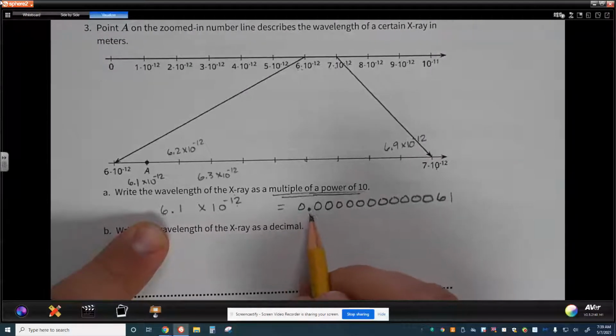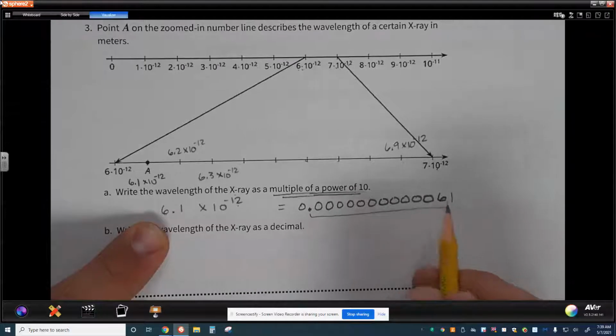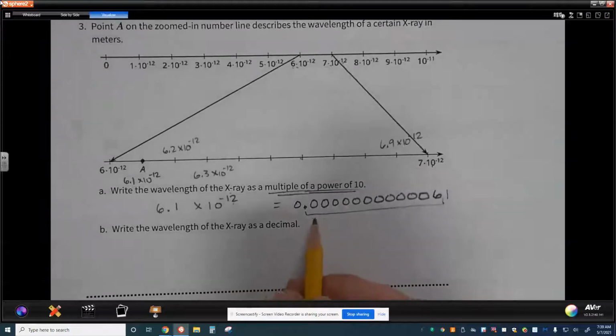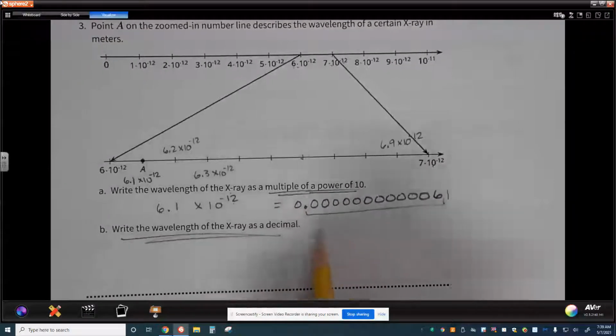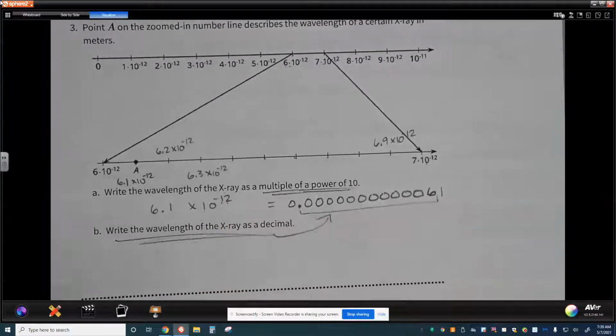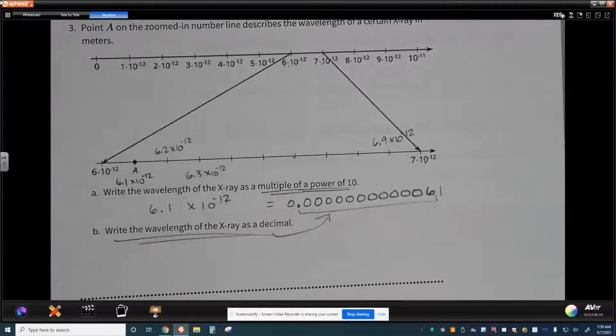There are 12 powers of 10 that represent those 12 place values. This value right here represents the powers of 10 that would be inside of this scientific notation.